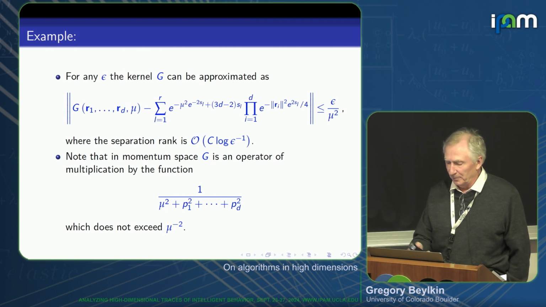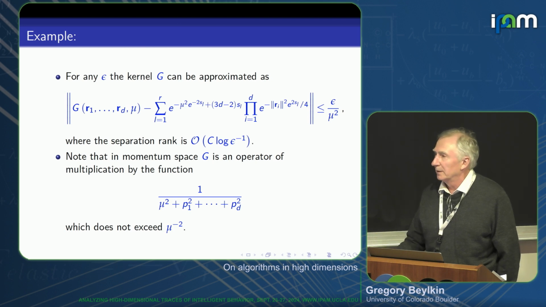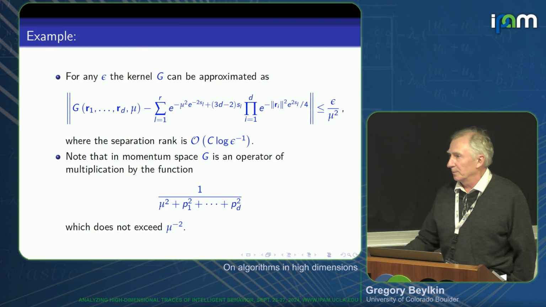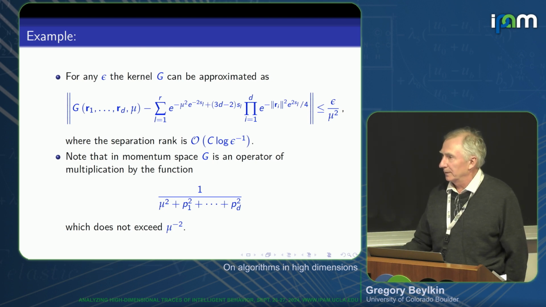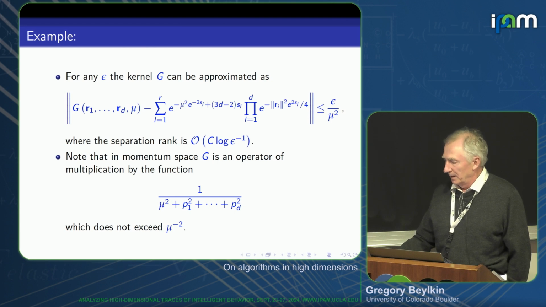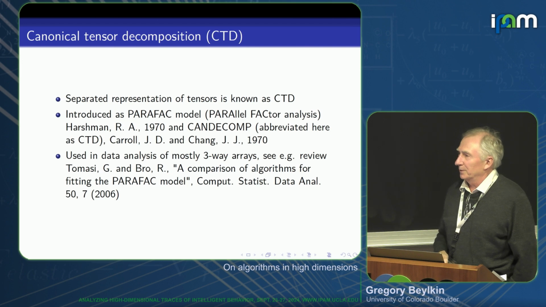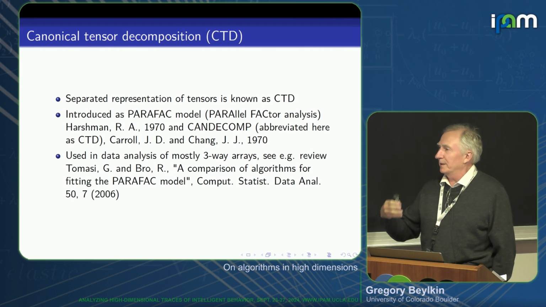It's multiplication by this 1 over, and the maximum value it reaches is when all p's are equal to 0. So it's a bounded operator, and that's why it sits there in the estimate, okay?